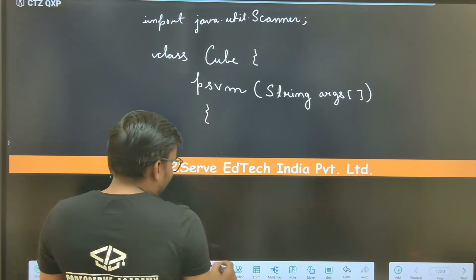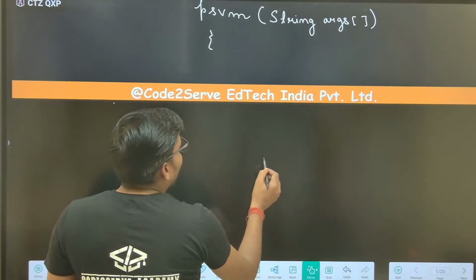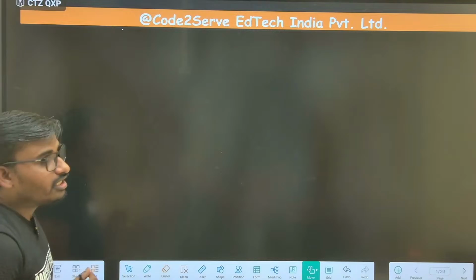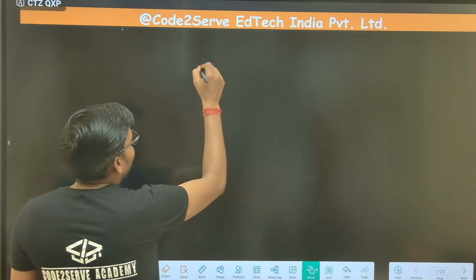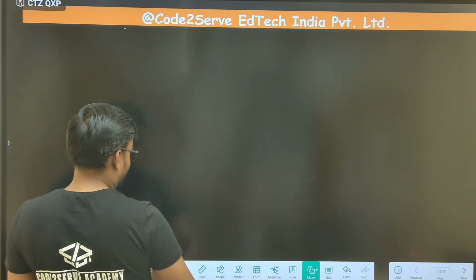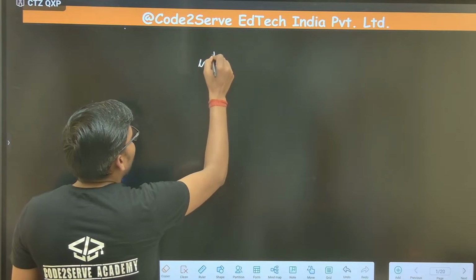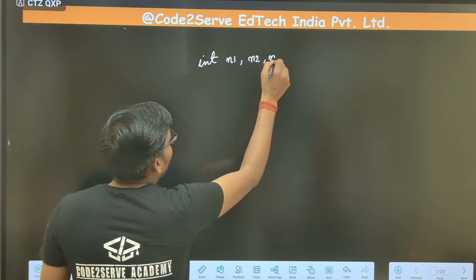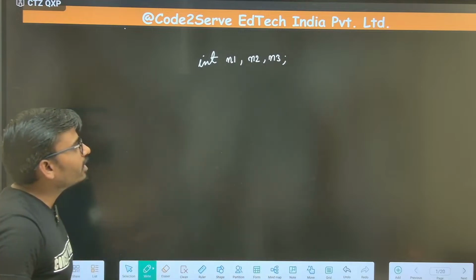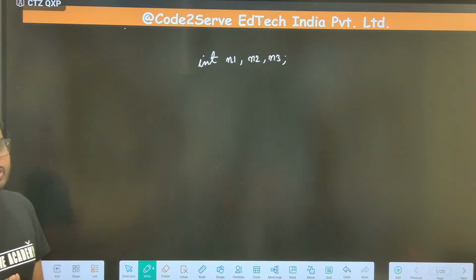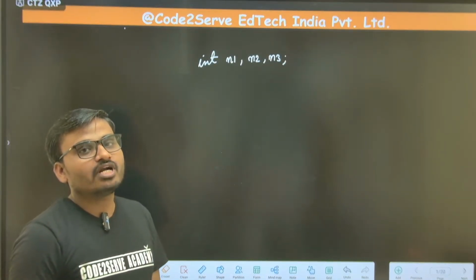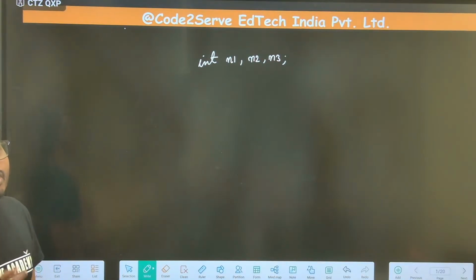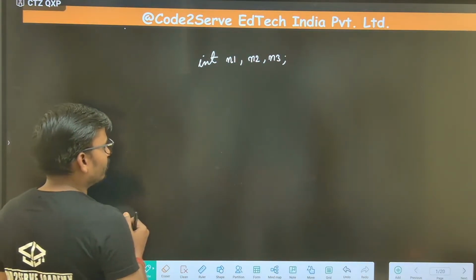So after that, we are going to take input of three numbers. First we will say int n1, comma, n2, comma, n3. So we'll be taking three numbers as integer values, then compute the cube of each number, and then find the sum. All right.